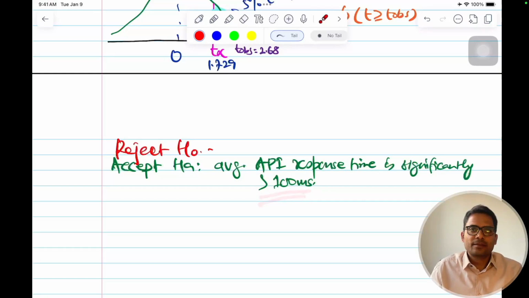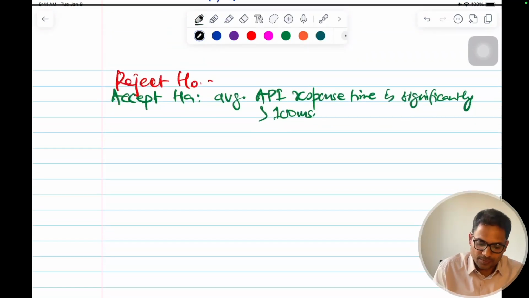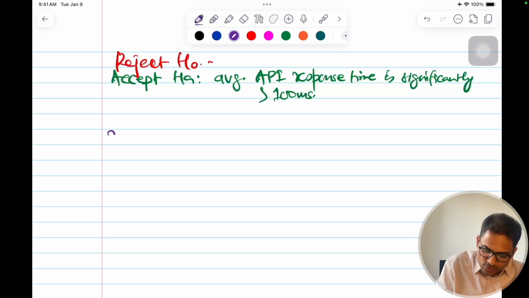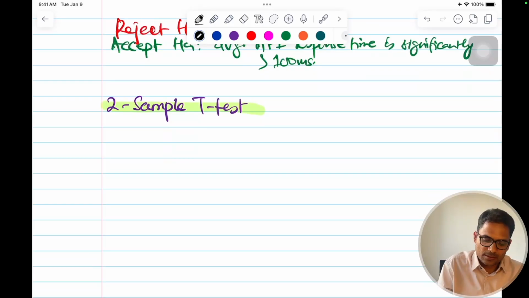I hope this is clear. Now let's move to the second one, the two-sample t-test. Again it's for the mean only. There are two types of two-sample mean test. The first one is for unequal variance.